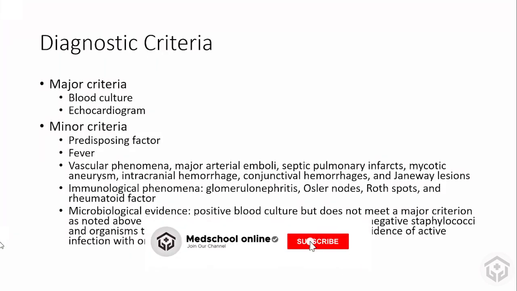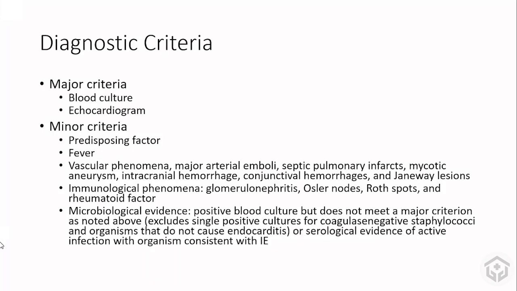Next, we'll move on from the clinical examination and laboratory findings to the diagnostic criteria. As mentioned earlier, there are the modified Duke criteria. For the diagnosis, they consider two criteria: the major criteria and the minor criteria.